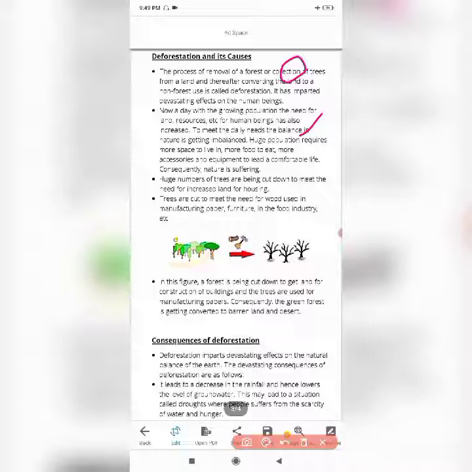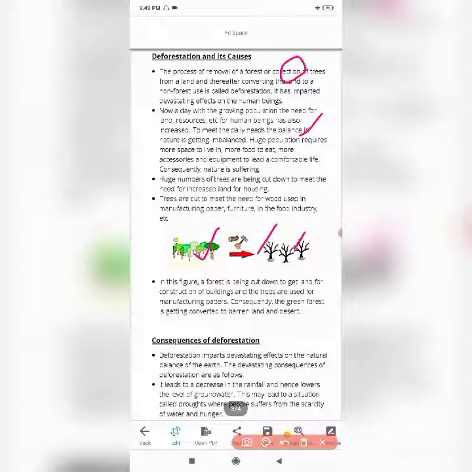Trees are also cut to meet the need of wood used in manufacturing paper, furniture, in the food industry, etc. So that is the reason.